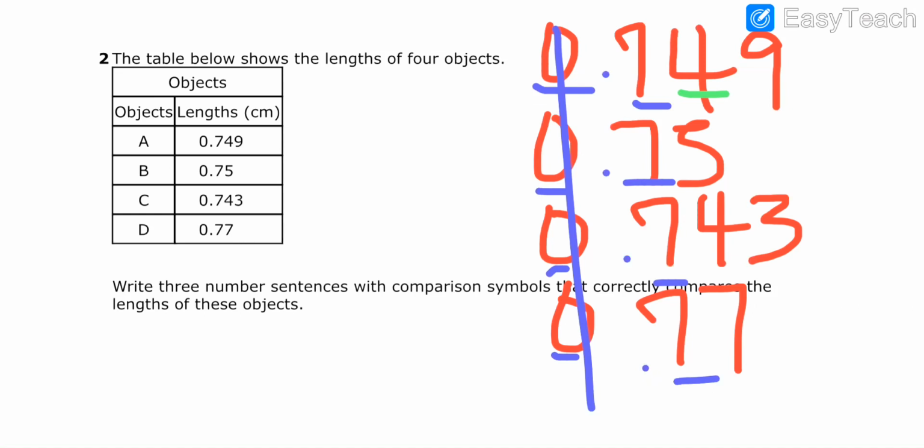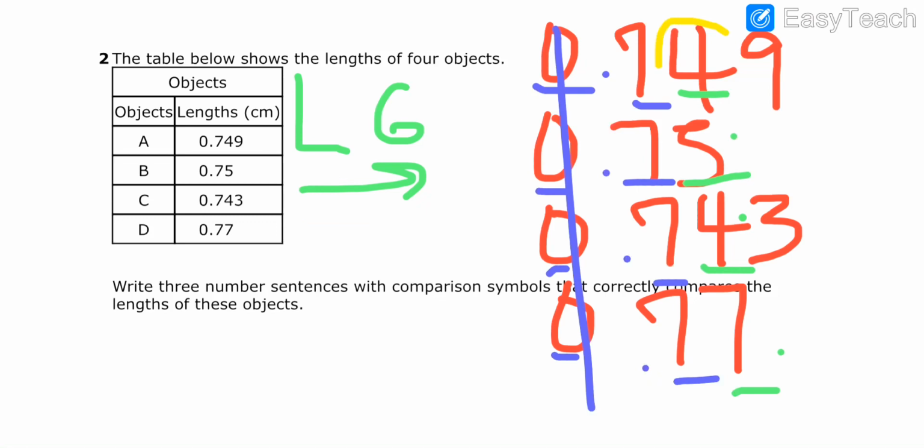I'm going to underline in green so that we can see that we're doing something different. Since we're ordering them from least to greatest, we want to figure out which is the smallest number. Here we have 4, 5, 4, and 3. Of those numbers, which is the smallest? It's going to be 3.